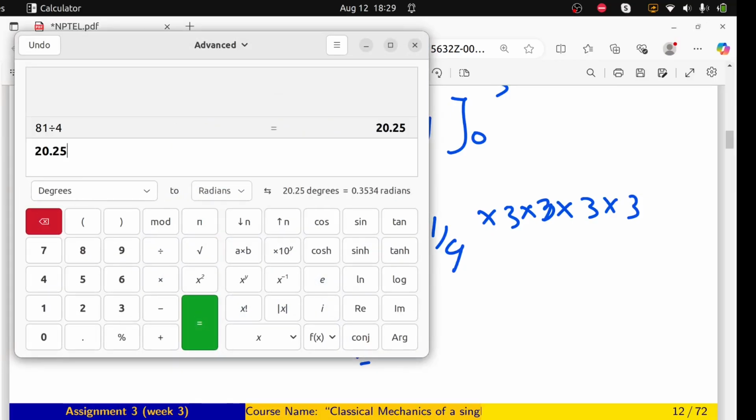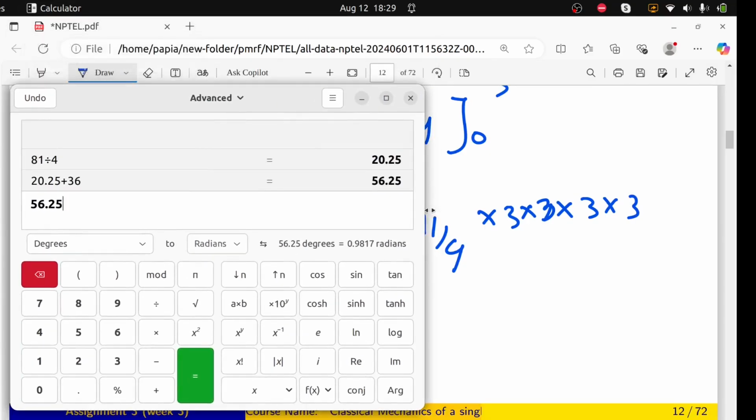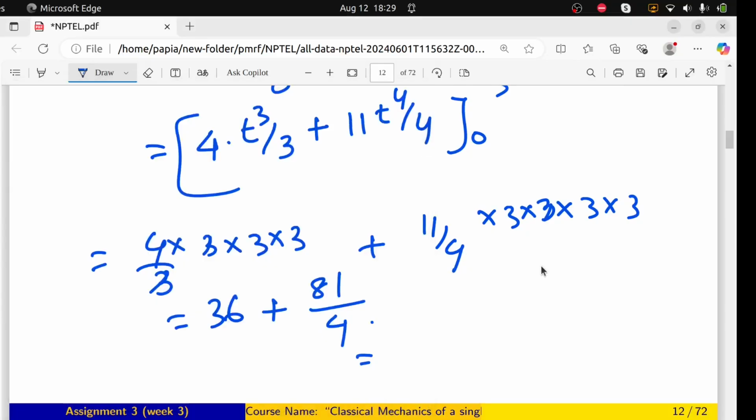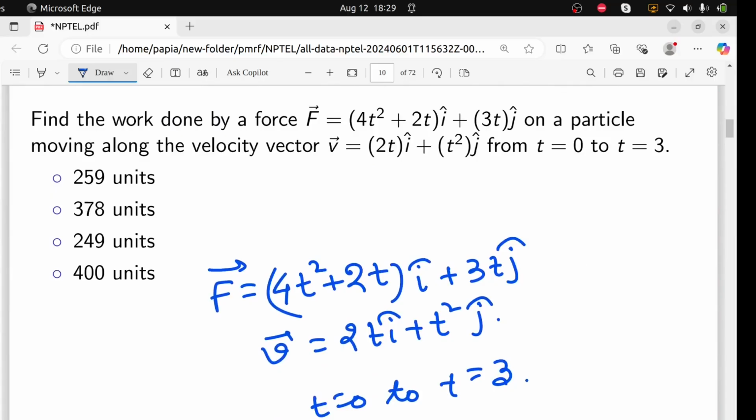Oh sorry, into 11, this is 11. So it will be 81 by 4 into 11 plus 36, which is 258.75. So this will be the unit of work done. Let me check the option. 258.75 means it will be around 259 units.